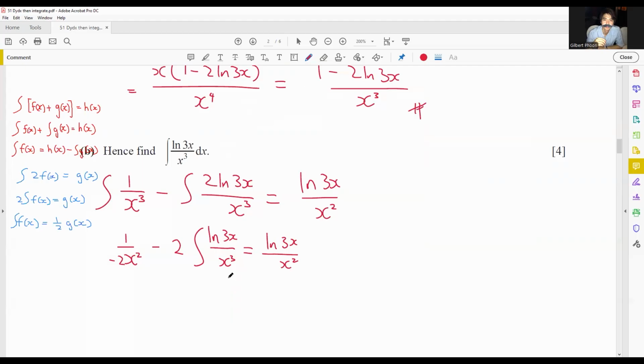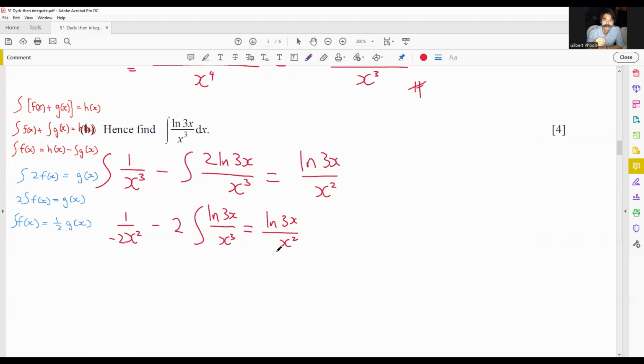Now, bring everything over together. Bringing this to the right-hand side, you would have ln 3x over x squared plus 1 over 2x squared, right? And then multiplied by a negative 1 over 2.